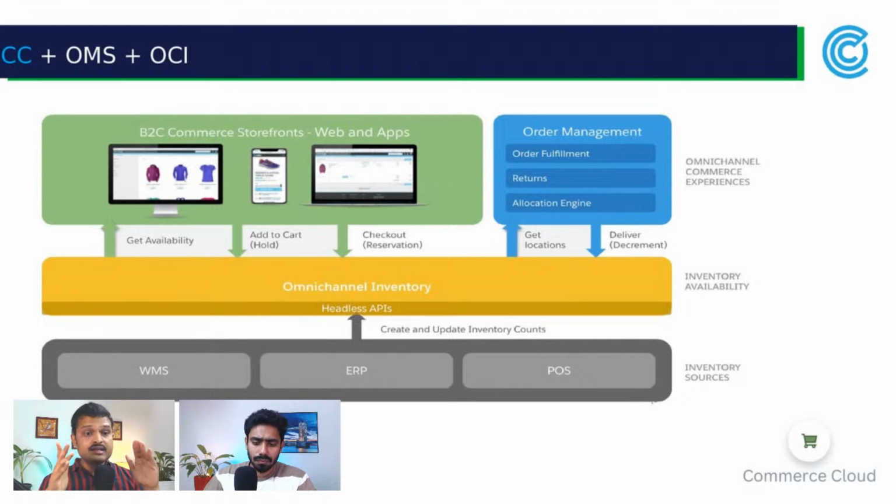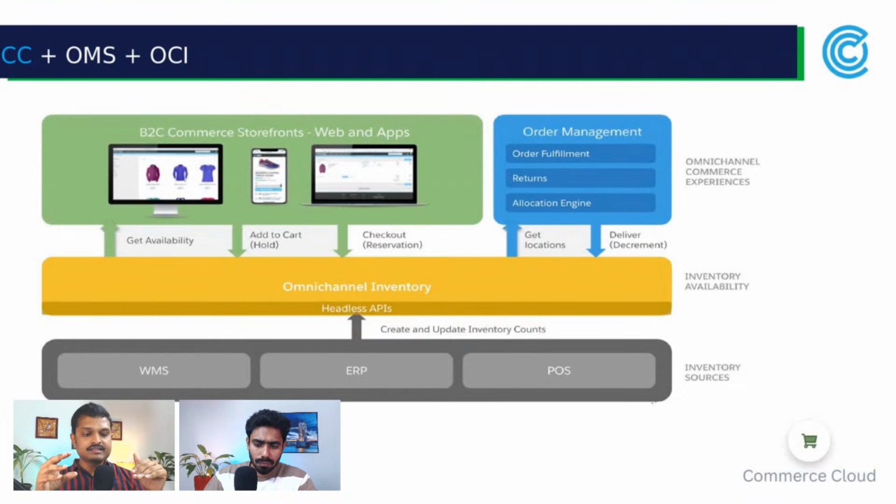And once you place the order in the B2C Commerce website, that order will go to the order management system. If you look at the B2C Commerce storefront, as and when you place the order, a reservation will happen in the Omnichannel Inventory, and then the order will go to the order management system.